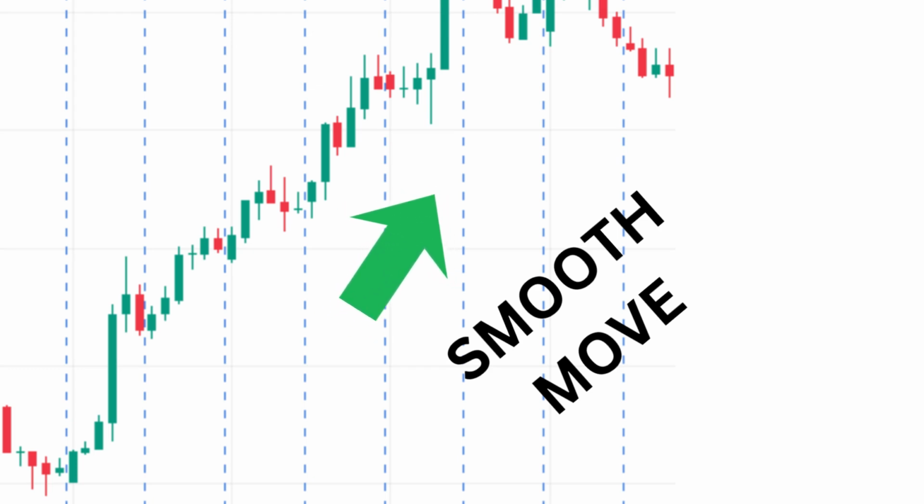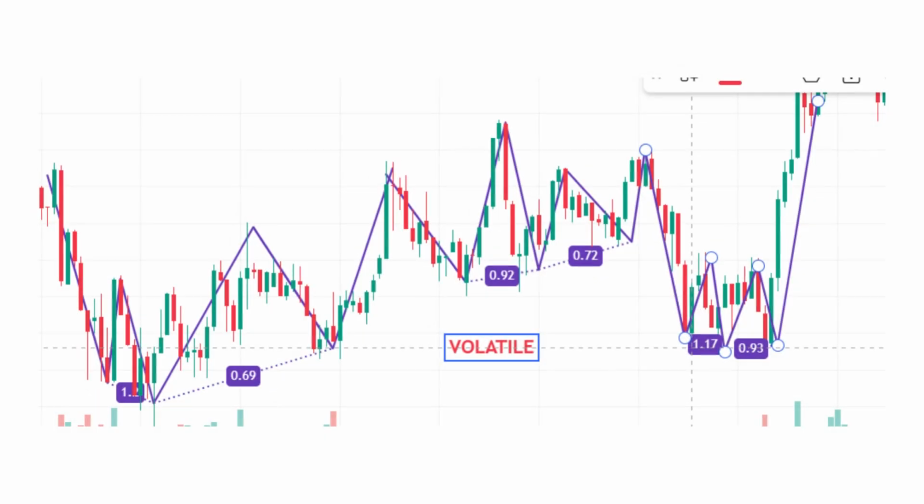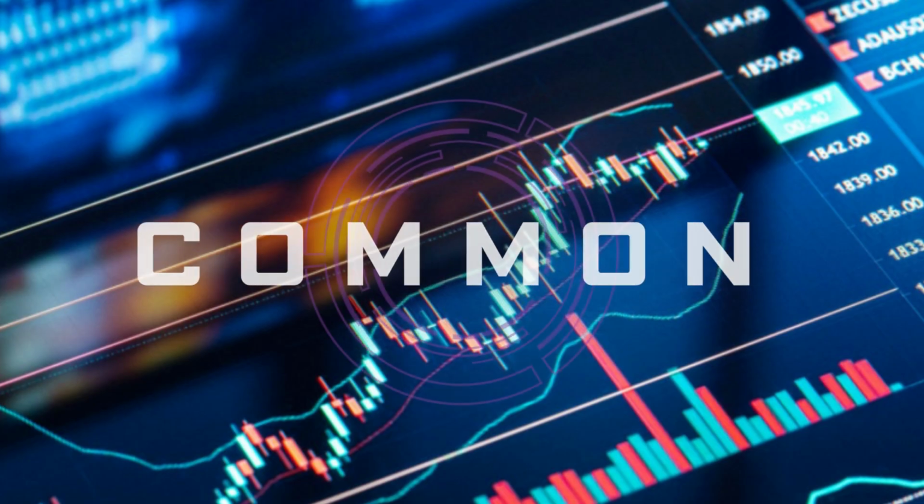Anna also introduces the idea of correlation. For instance, euro to US dollar and pound sterling to US dollar often move in the same direction because both are measured against the US dollar. If one goes up and the other doesn't, it can hint that momentum is shifting, a clue many pros watch closely.